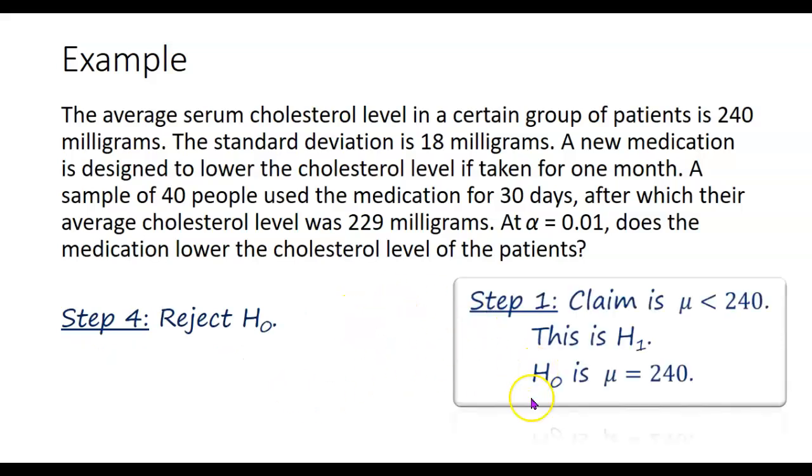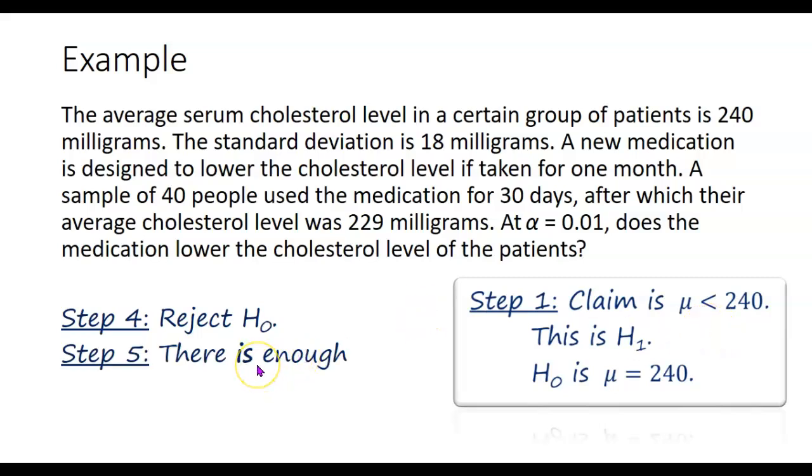So what does that mean for our claim? Remember what the claim was. In this example, the claim was the alternative hypothesis. What did we just reject? We rejected the null hypothesis. We ruled that out. If we rule out the null hypothesis, what has to be true? The alternative hypothesis, which in this case is the claim.